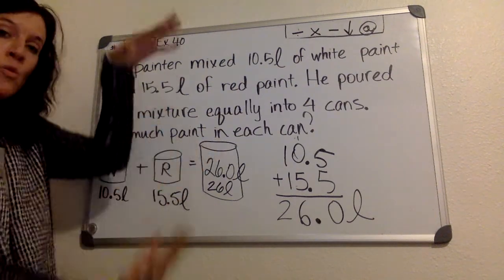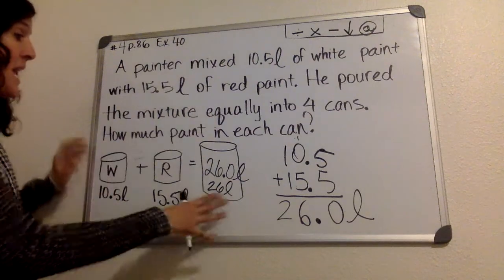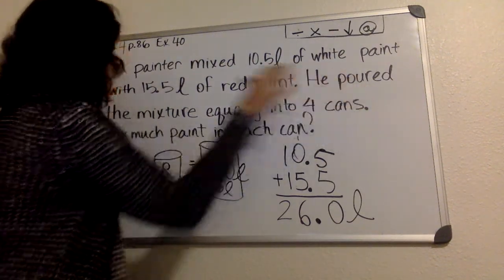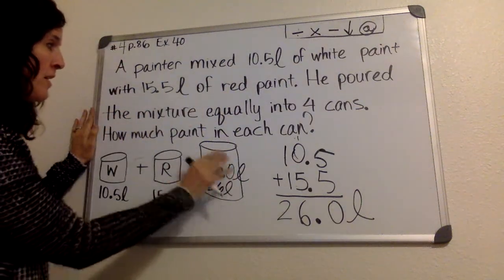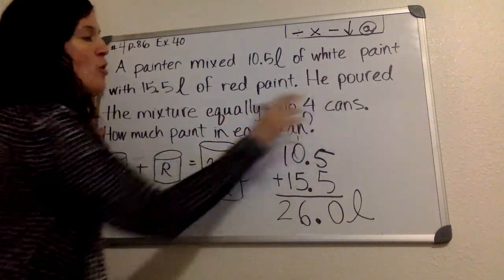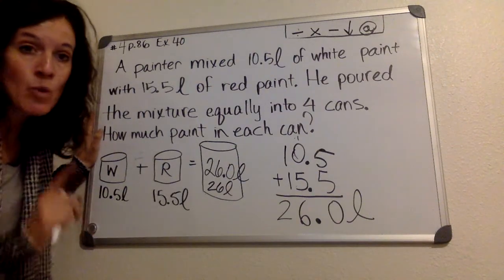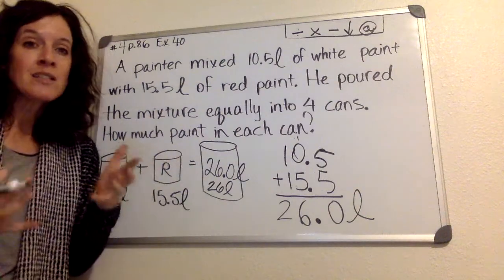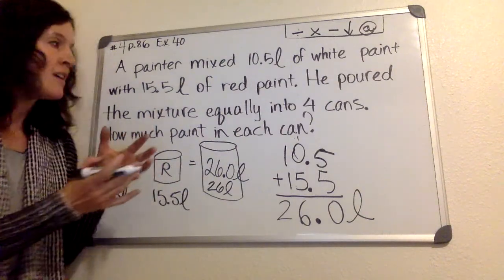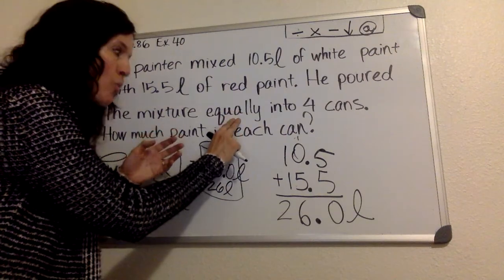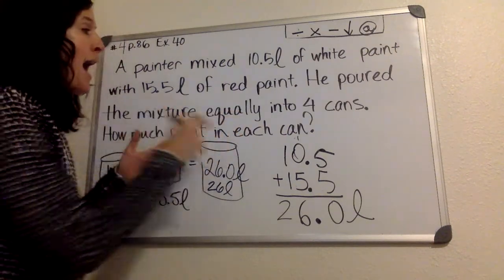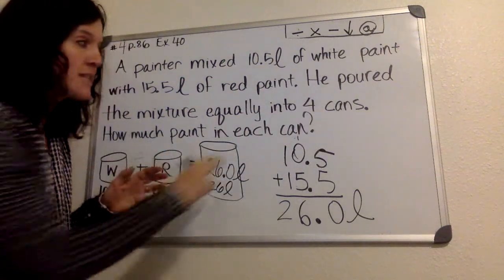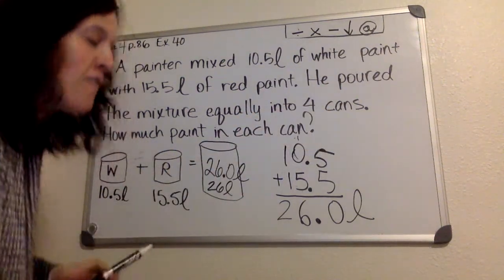So now we know we've got this big can of paint, and we know that the painter poured the mixture equally into 4 cans. Hey, I like that equal part. The word equally tells me that I have a unit. Because I have equal parts, I have a unit, and each of my units is going to be a can of paint.